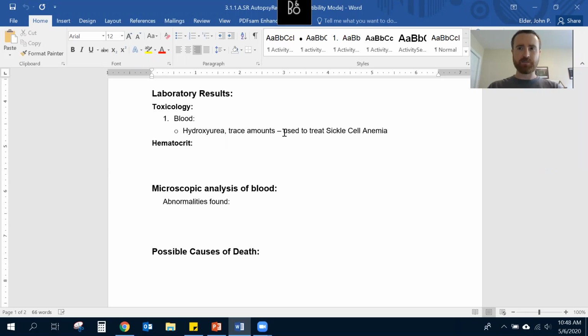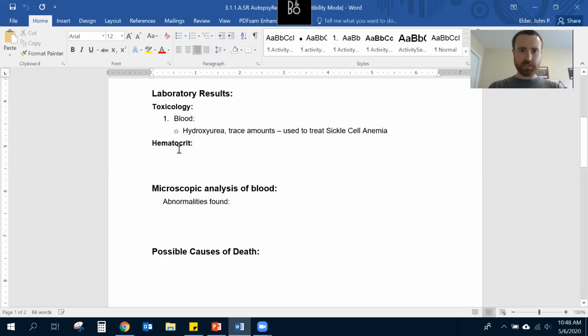How it works is it forces the body to switch to making a different form of hemoglobin. You're going to be learning about the mutation that causes sickle cell disease. It results in the hemoglobin, which is the oxygen-carrying protein in red blood cells, being misshapen, and it doesn't work correctly. Hydroxyurea forces the body to switch to a different form that's not affected by that mutation.